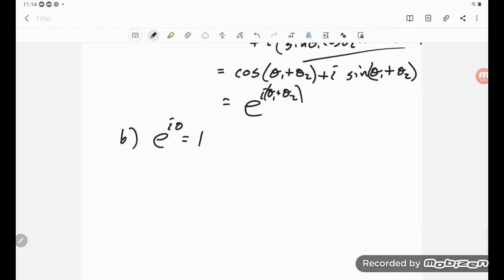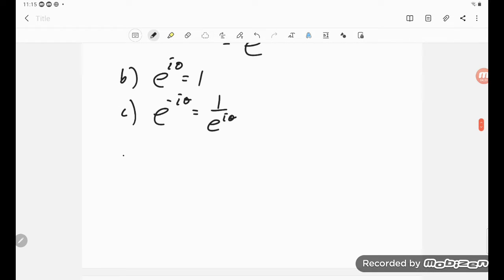And these are all, if you know exponential functions, pretty intuitive. C, e to the negative i theta is equal to 1 over e to the i theta. D, e to the i theta plus 2 pi is just e to the i theta.